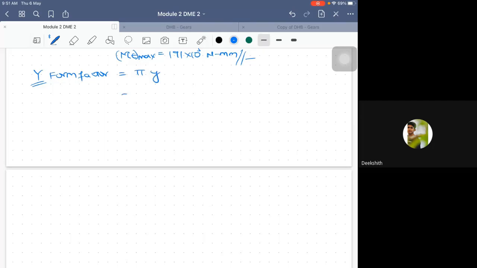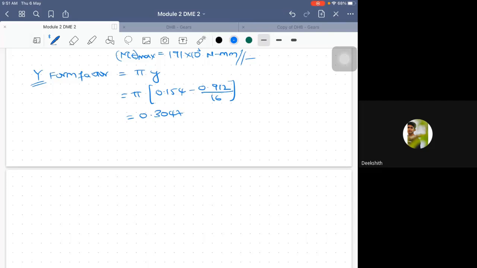Just pick the expression for the 20-degree involute system: 0.154 minus 0.912 divided by 16. I have written it directly. So it is 0.3047.